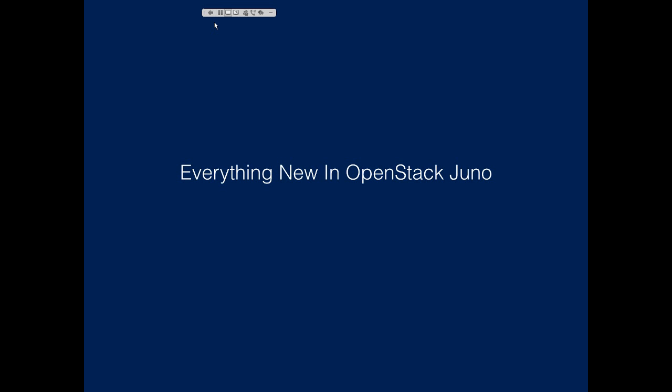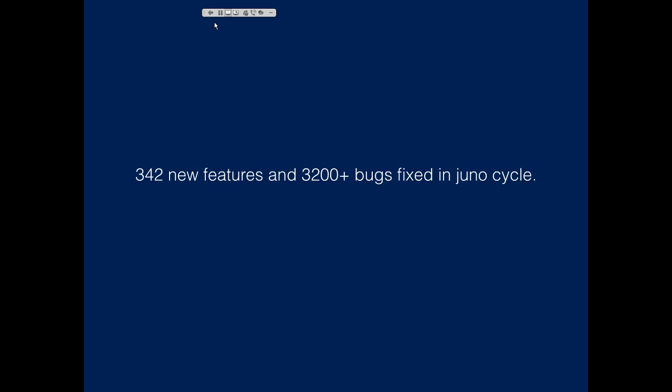Thanks, Raphael. Hello, everybody. I am Syed Armani. I work as a senior consultant with Hastexo. And today I'm going to cover a little bit about what's new in OpenStack Juno. Over 1,400 developers from more than 130 companies were involved in the Juno release, and around 342 new features along with 3,200 plus bugs were fixed in the Juno cycle.